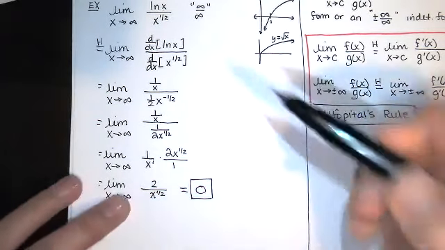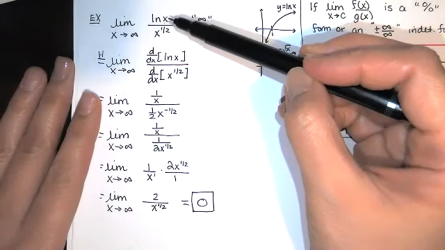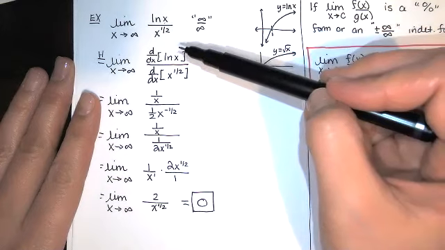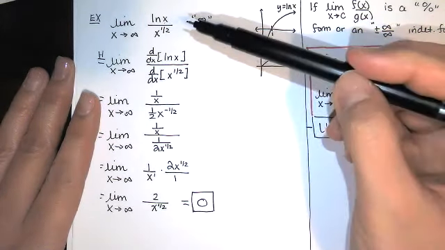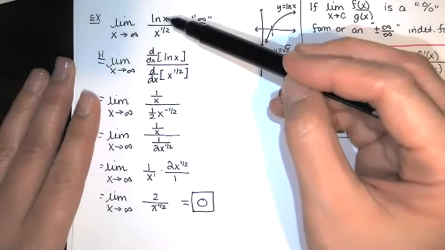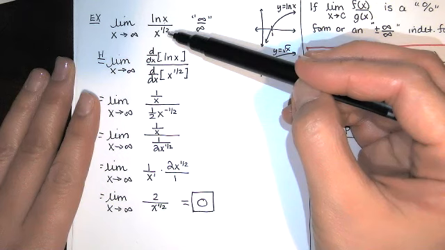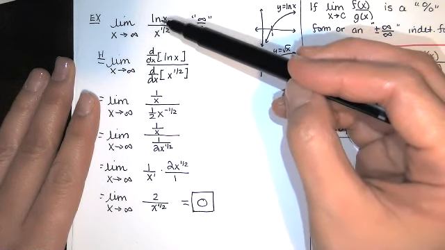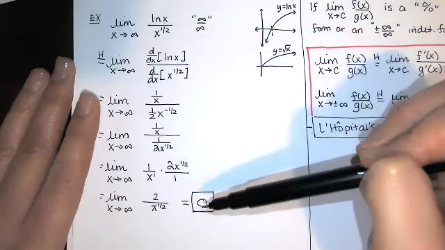What does that mean? Well, we're saying to ourselves, I've got infinity over infinity here. It's an indeterminate form. The result depends on which one goes to infinity faster. Now, I guess my question is, does this go to infinity faster, or does this go to infinity faster? Well, if the denominator goes to infinity faster, we end up with a constant over something very large, so we get something very small.